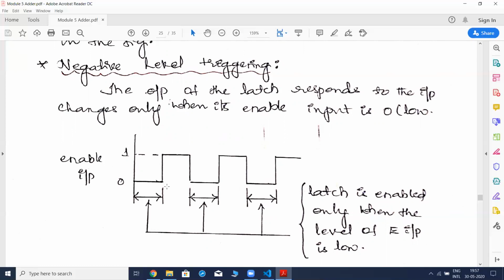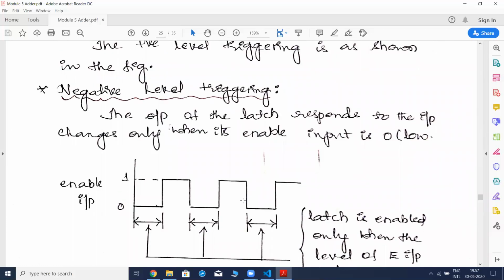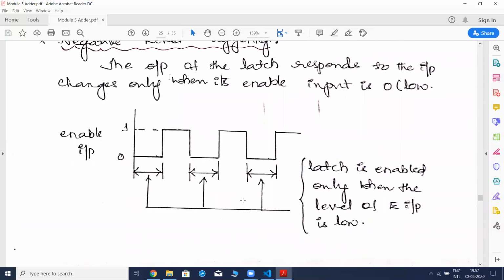When the enable signal is 0, the latch is triggered, or made active, and the output is going to change according to the input that is given. This is negative level triggering. These kinds of triggering are used for latches because latches are level triggered devices.